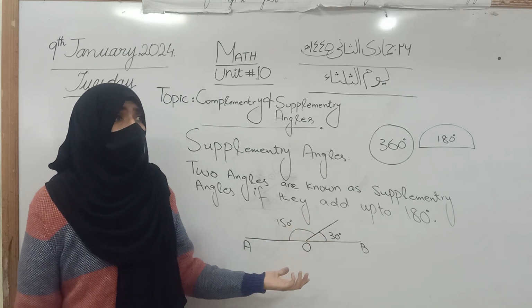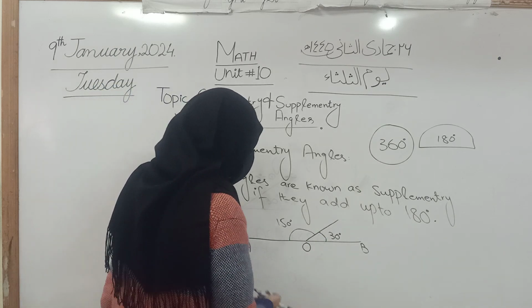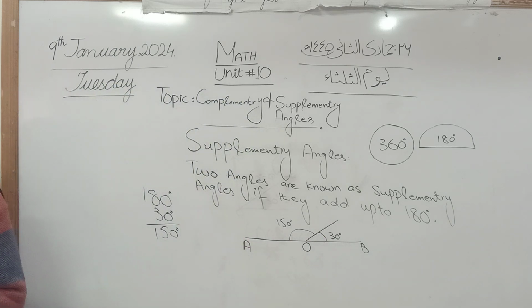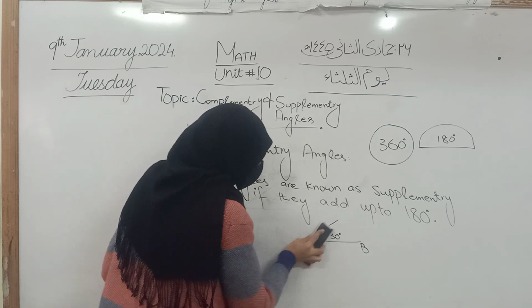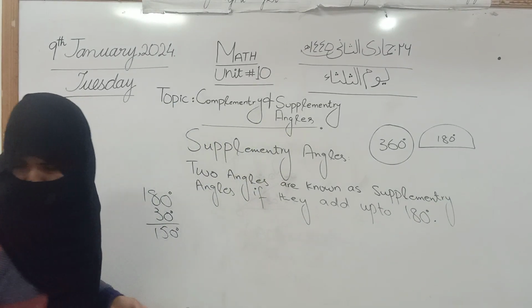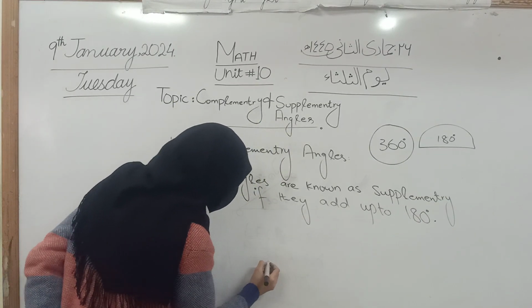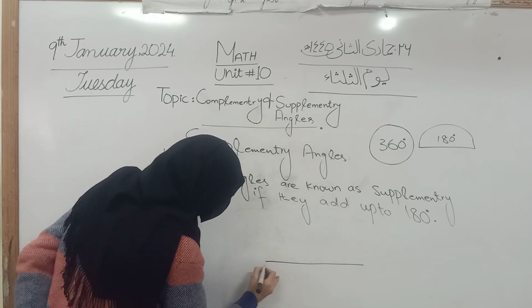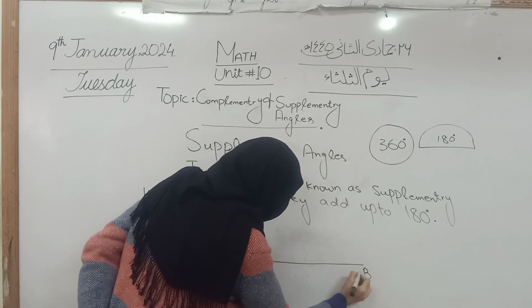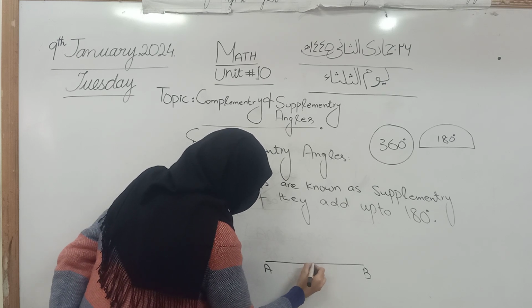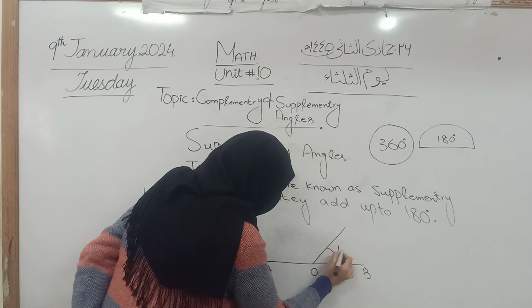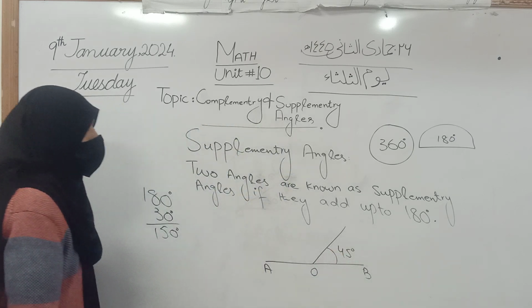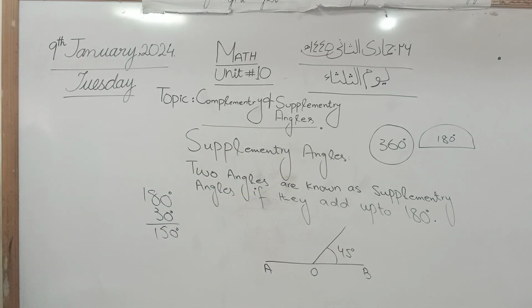You can increase or decrease the angle anywhere. Okay, you can take another example, like you can draw an angle of 45 and 135. Let's suppose there is a straight line A, B, and you have drawn an angle of 45 at common vertex O. Now, what will be the measure of the next angle?